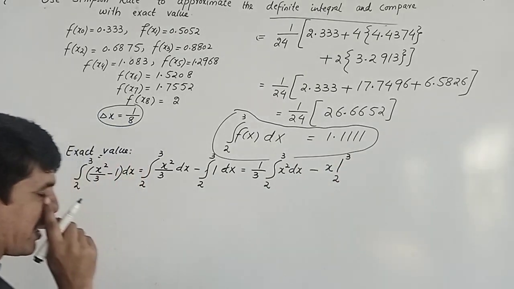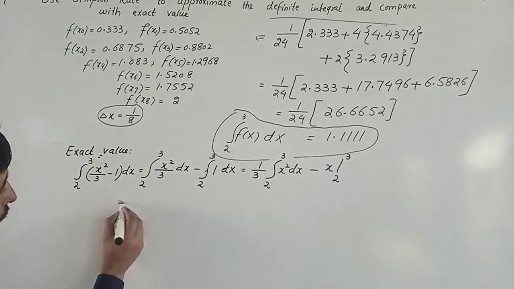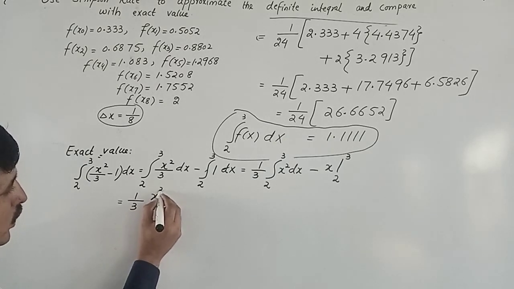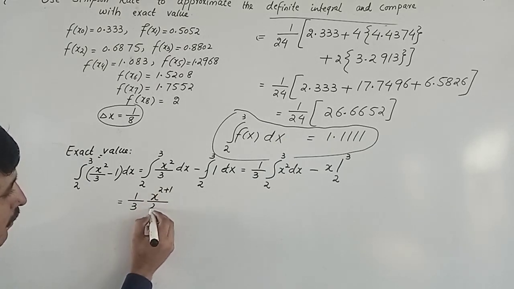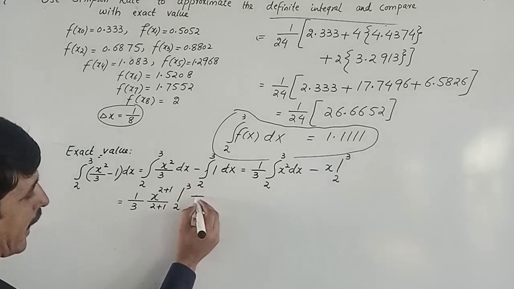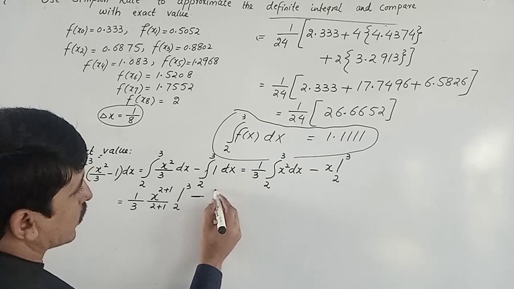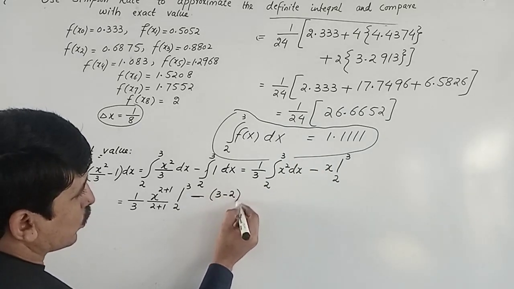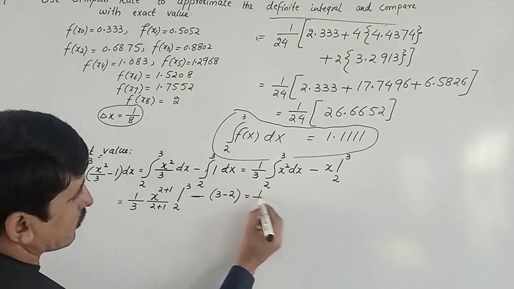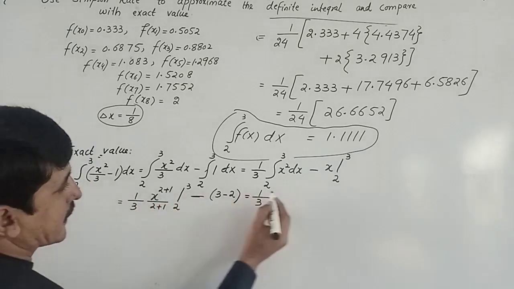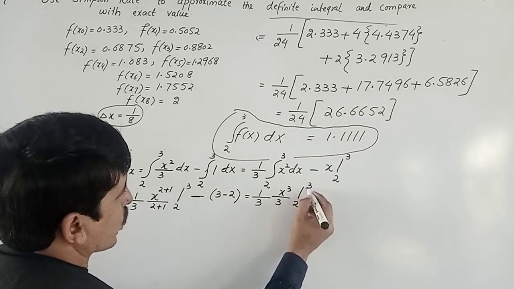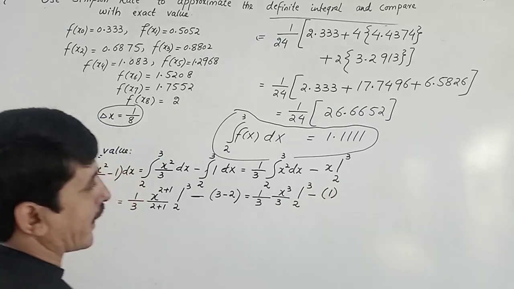to 3. So 1 divided by 3, by the power rule of integration, x to the 2 plus 1 divided by 2 plus 1 with limits from 2 to 3, minus, applying limits, 3 minus 2. So we get 1 divided by 3, x cube divided by 3 with limits from 2 to 3, minus 1.